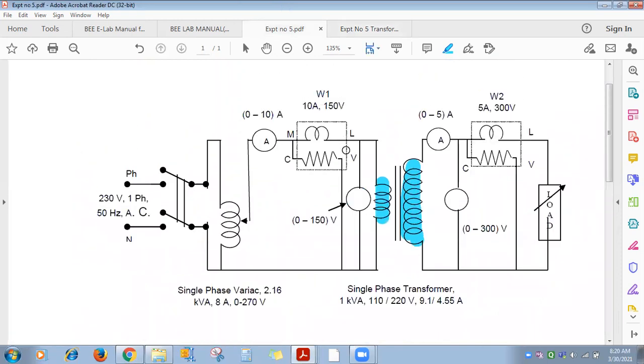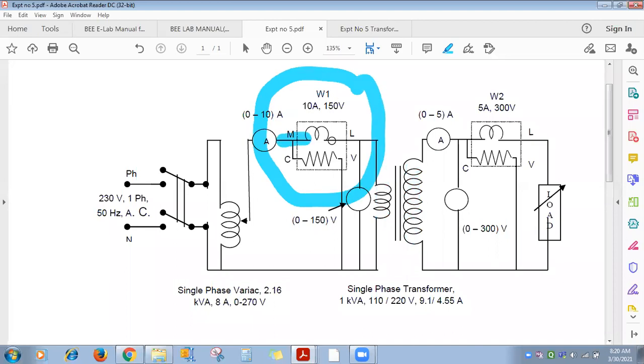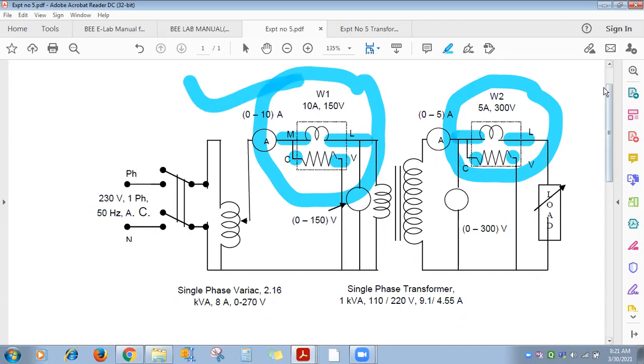See here in circuit diagram, one wattmeter is connected on primary side, 4 terminals M, L, C, V it has. And second wattmeter is connected on secondary side. It also has 4 terminals M, L, C, V. W1 will give you single phase AC input power and W2 will give you single phase AC output power. If I take the ratio of W2 by W1, what will I get?